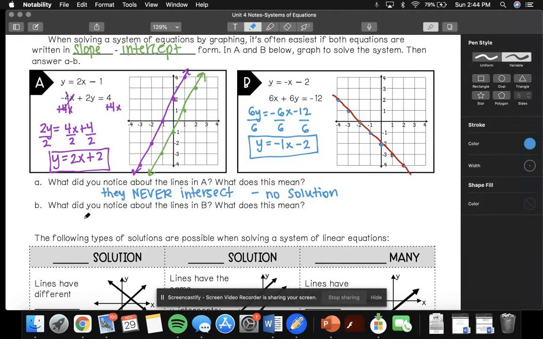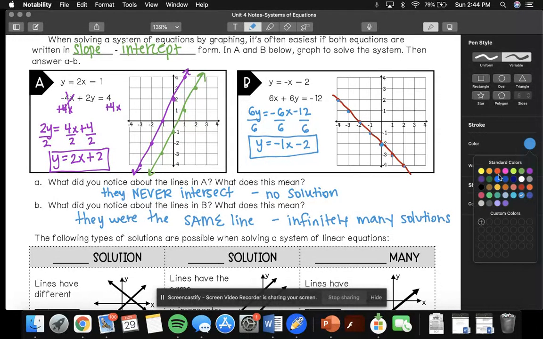Well, they were the exact same line. Okay. And if it's the same exact line, that means that whatever's on this red ordered pair would also be on the blue ordered pair. So every single point that's on the red line would also be on the blue line, which would mean that this has an infinite number of answers, since it is the same exact line.